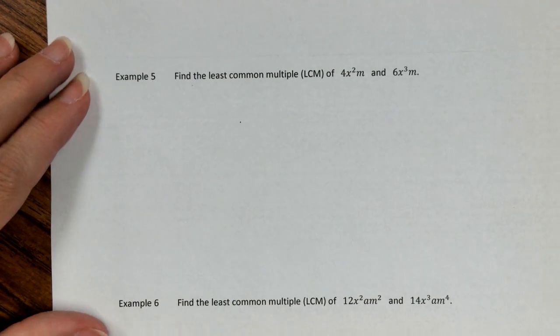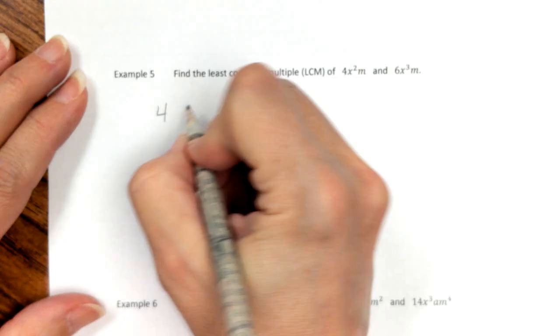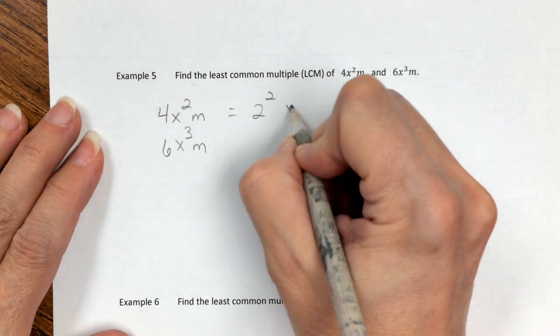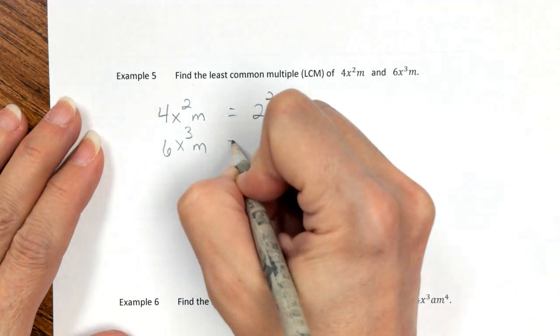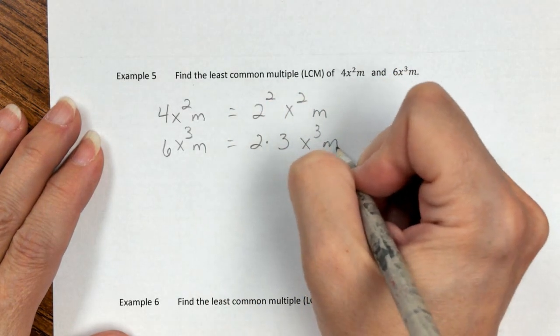On the next one, see, very small coefficients. 4 x squared m, 6 x to the third m. All right, so we have 2 squared x squared m, and 2 times 3 x to the third m.